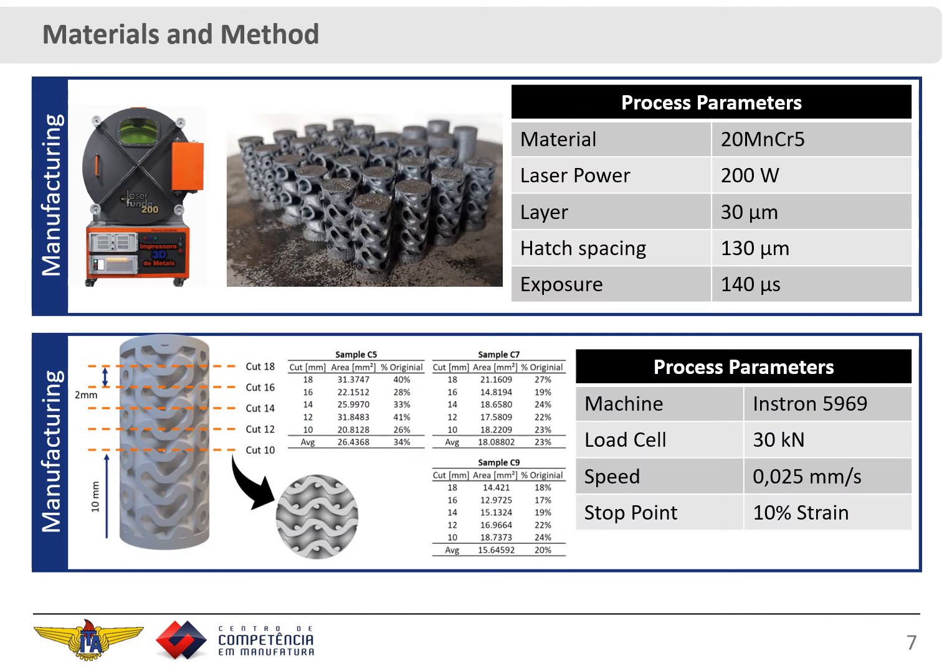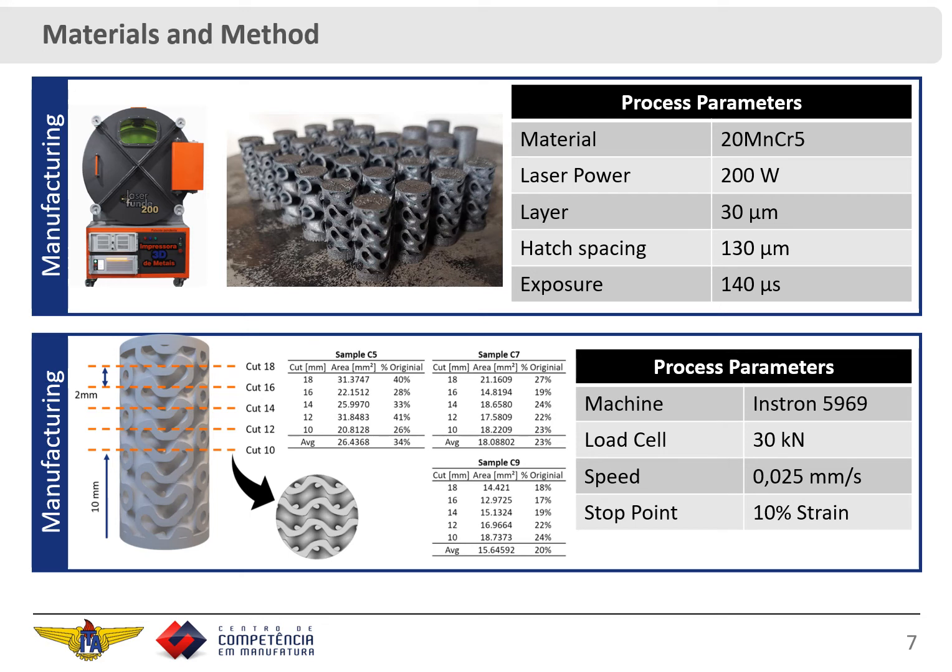So moving forward to the manufacturing process and the experimental procedure. Related to the manufacturing process, the manufacturing was made with the Laser Print 200 machine. This is a machine developed by one of our industrial partners, and basically it is a laser sintering machine.